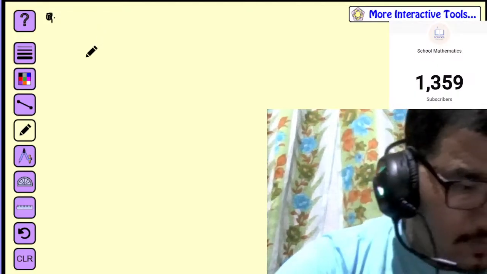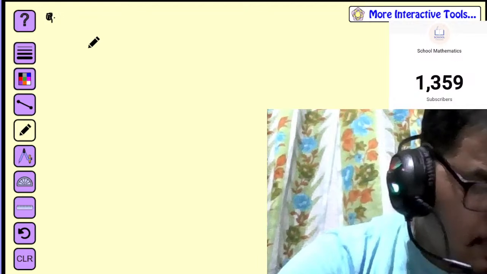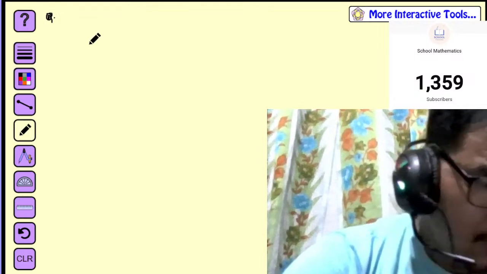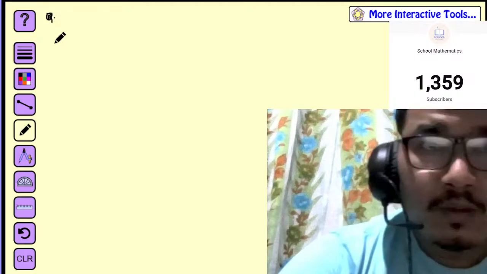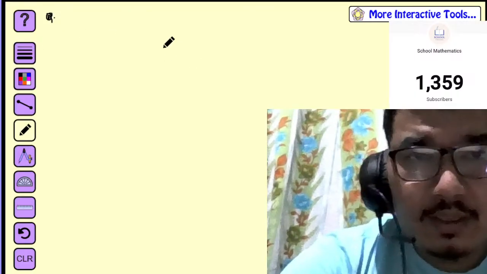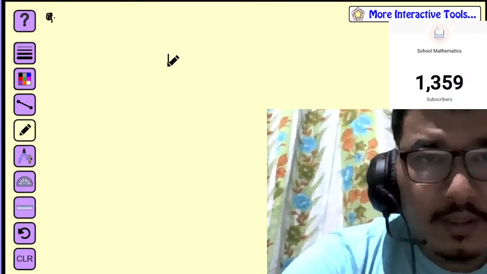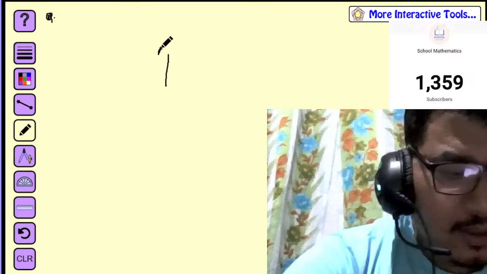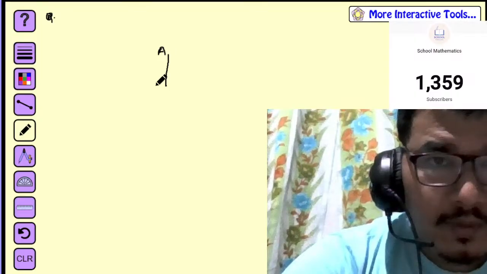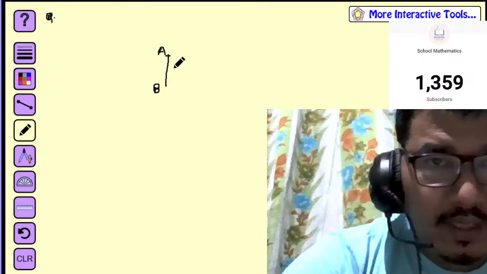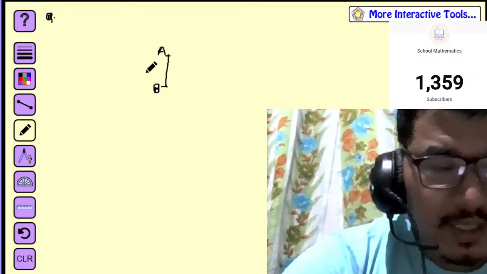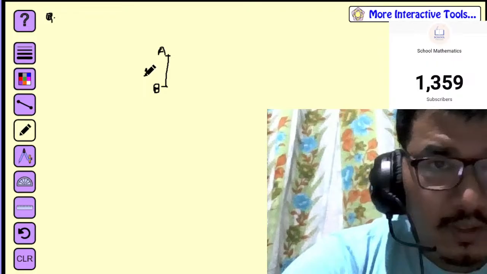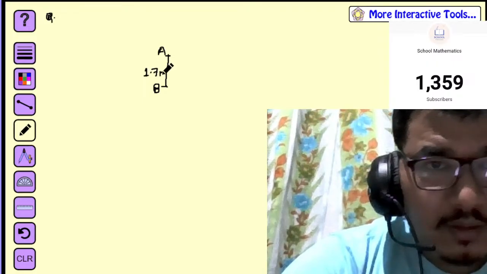Here is given one man. This is the height of the man. You can write its name as AB. This is the height of the man, and its height is given there as 1.7 meter. Write 1.7 meter.